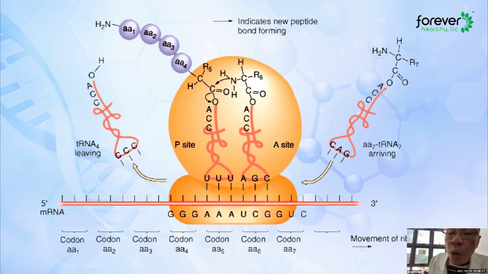So the amino acids from the food we eat are carried by the transfer RNA, which picks up that amino acid from the cytoplasm and brings it to the ribosome as dictated by the recipe of the transcribed codon.